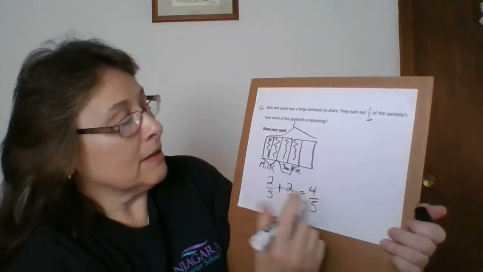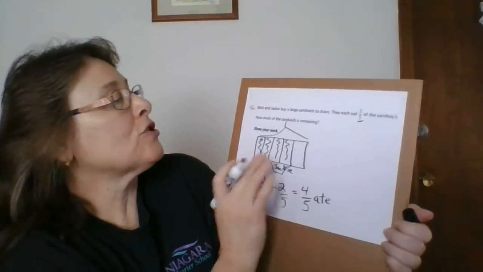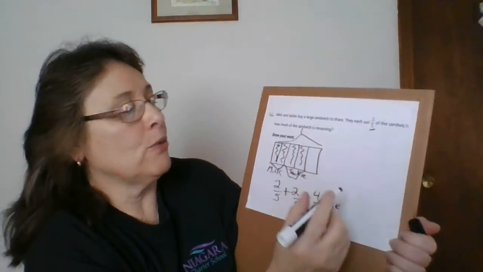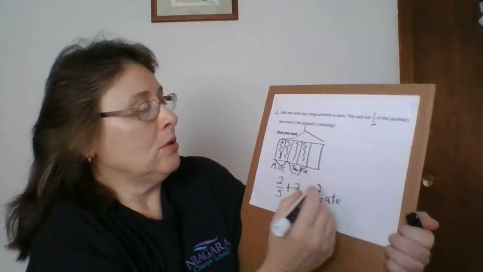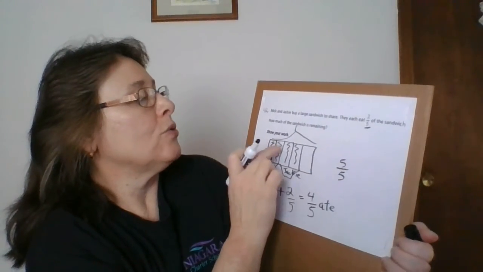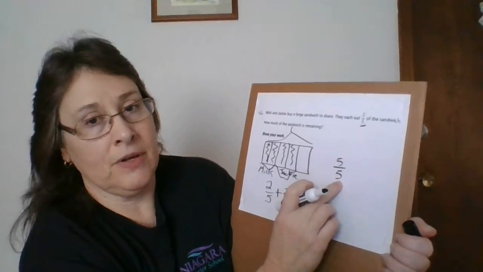This is how much of the sandwich both of them ate. But the question wants to know how much is left. Well, this whole sandwich, one whole, is equal to 5/5. 1, 2, 3, 4, 5. So this whole sandwich had 5/5 of it.